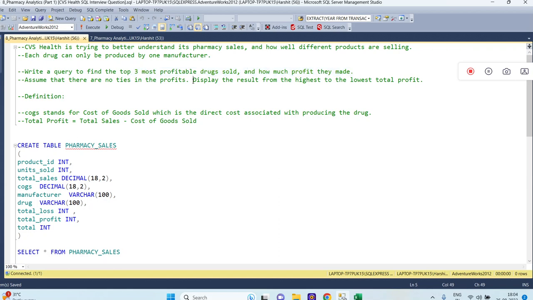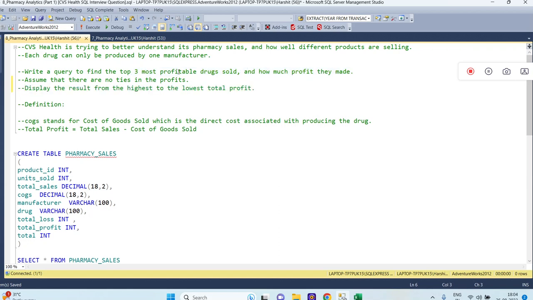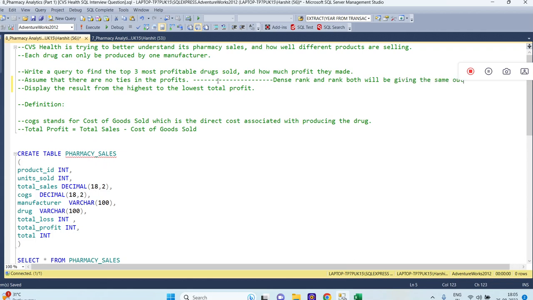So actually, when you read this one, guys, assume that there are no ties in the profits. So in that case, if we use the rank function and dense rank function, both will give the same output.